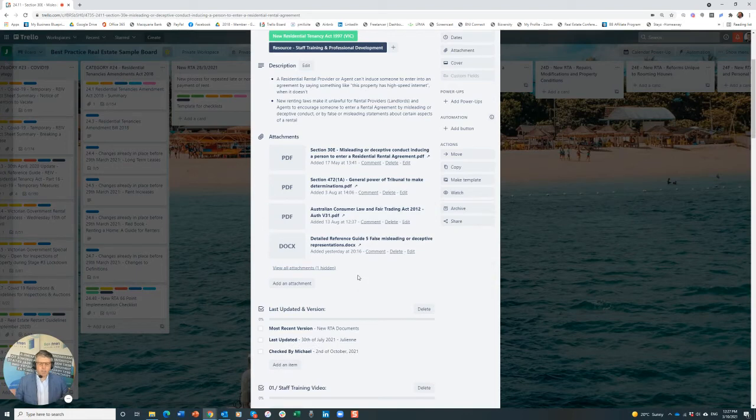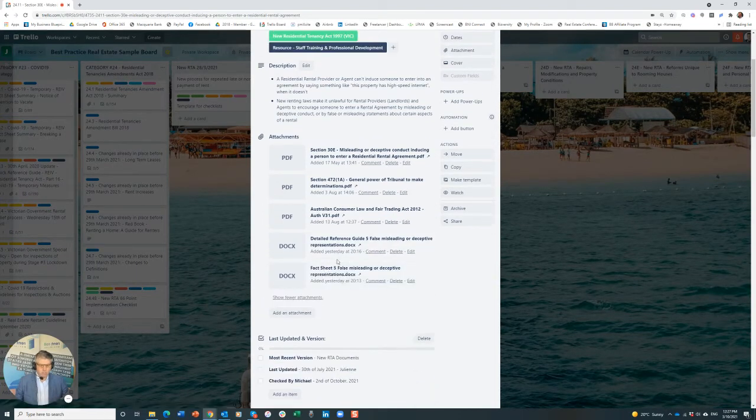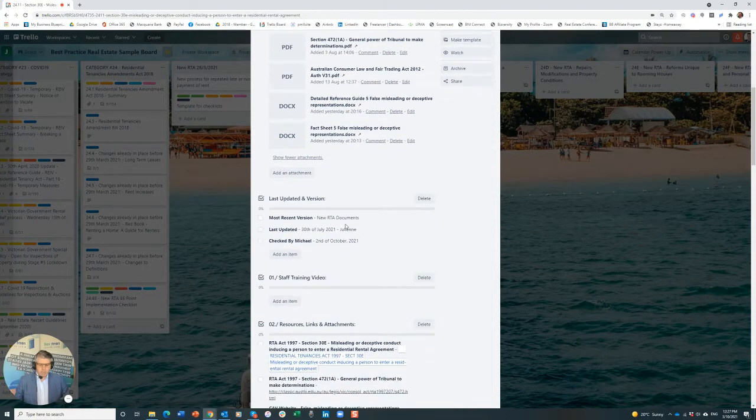Okay, so let's just go through the Trello board, what we've created inside of here. So we've got the REIV, the Consumer Affairs fact sheets. We've got Consumer Affairs guides sitting inside of here. It does also fall back into consumer and fair trading law, and also with reference to what VCAT can order if it's taken to VCAT by the tenant.